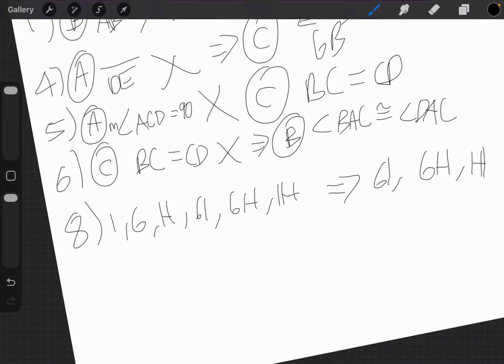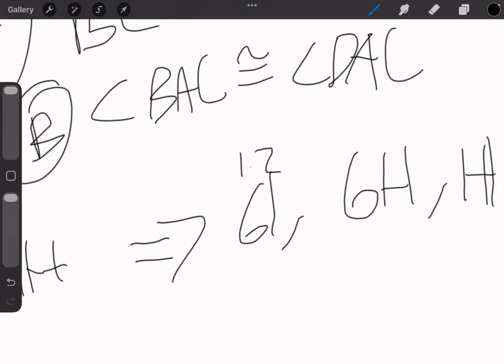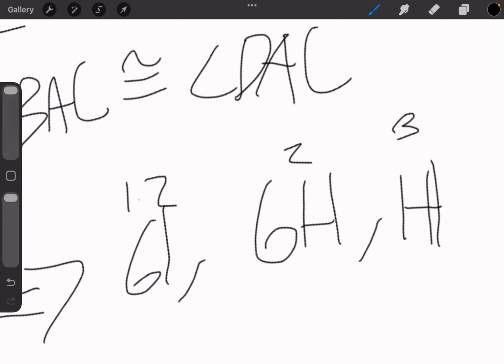GI equals 1.2, GH equals 2, and HI equals 3. This is because opposite sides equal opposite angles, and the smallest side GI is opposite the smallest angle, which is H. The middle side GH is opposite the middle angle, which is I, and the longest side HI is opposite the largest angle, which is G. So it's HIG.